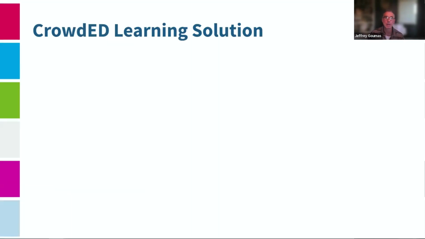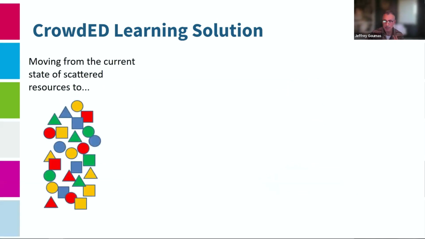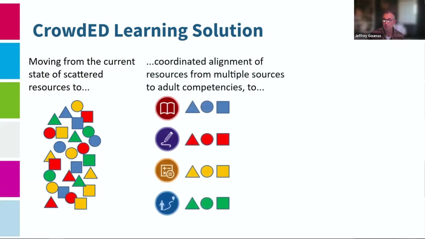And so we started going about looking at how can we solve that. And so think about, we know there's all these great resources out there. They're scattered in different websites and different places. So what if we started taking the best of the best from what's out there and aligning it to specific skills and topics?